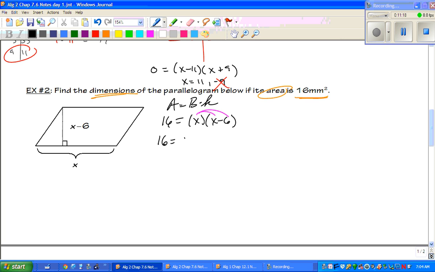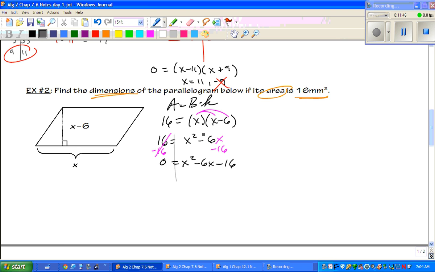So all we're doing is distributing, and we get x squared minus 6x. We need to subtract the 16 to the other side, and it cancels. And we get 0 equals x squared minus 6x minus 16.